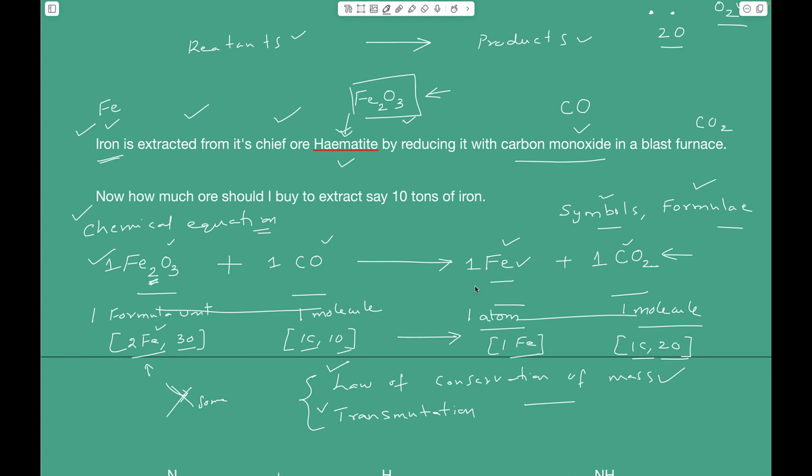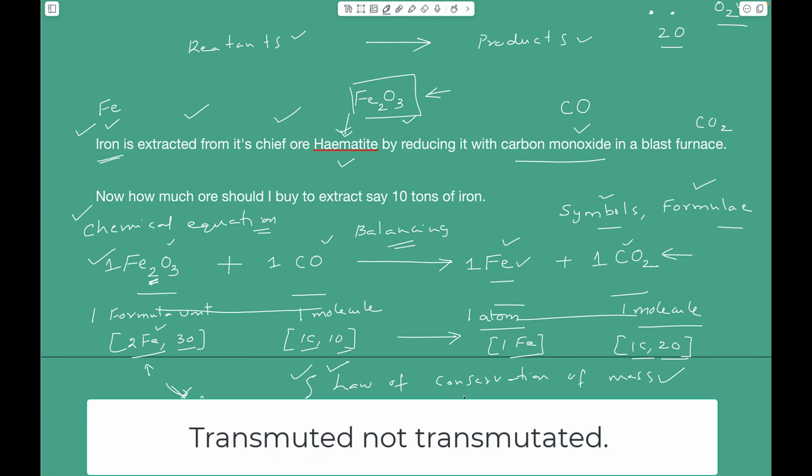Now, how do I correct this equation to make sure the number of atoms of each element are the same on both sides of this equation? By the way, this process is called balancing a chemical equation. Balancing a chemical equation is applying these two conditions to a chemical equation: law of conservation of mass and the fact that atoms cannot be transmutated during a chemical reaction.